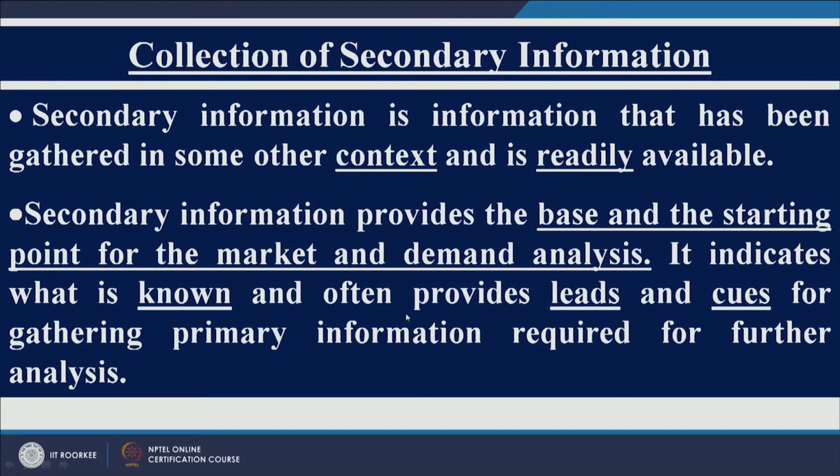It indicates what is known and often provides leads and cues for gathering primary information, because the next step after secondary information is primary information. So you will get an idea from secondary information of what kind of primary information you would require for your product or project. This is the second point in market and demand analysis.